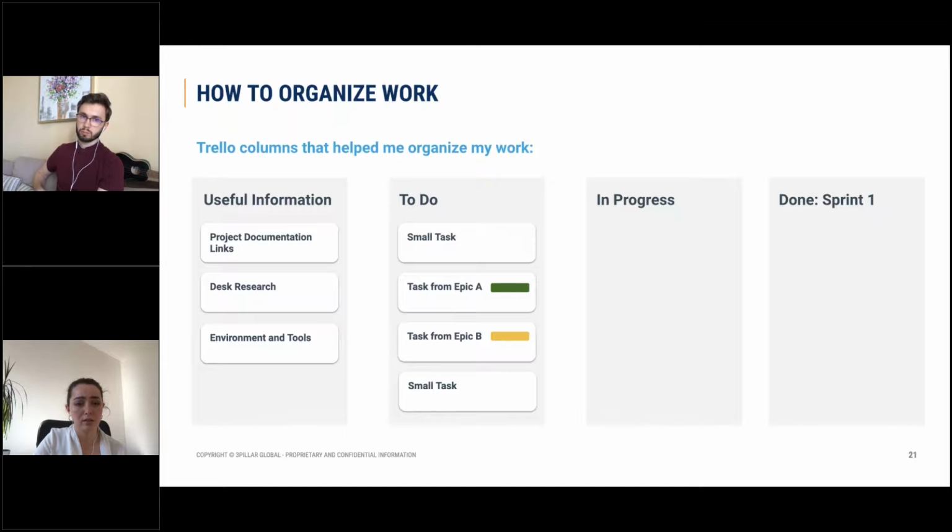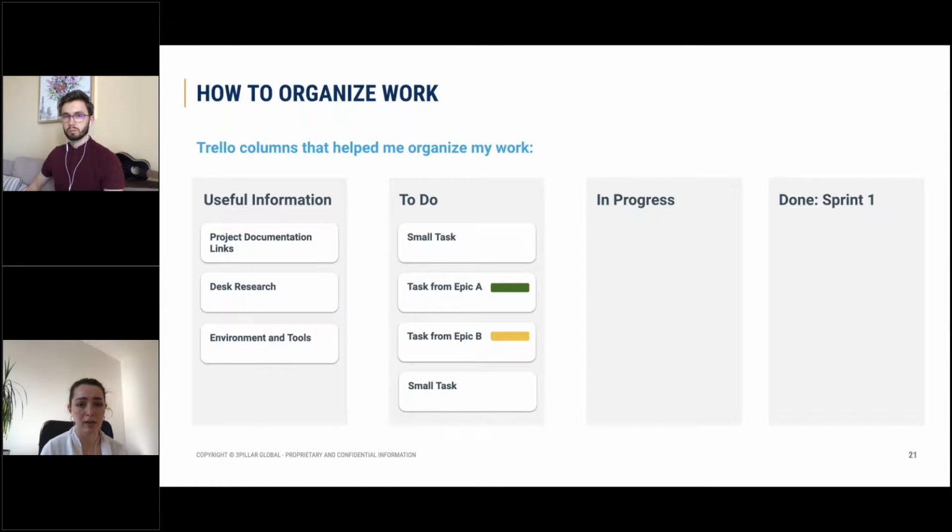Then there is an in progress column where all of the eyes are on, and a done column, organized by sprint time boxes. I found that it's most useful to have the done column organized by sprints, because it's easier when the engineering team is planning and writing stories.